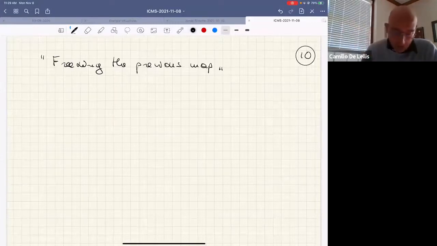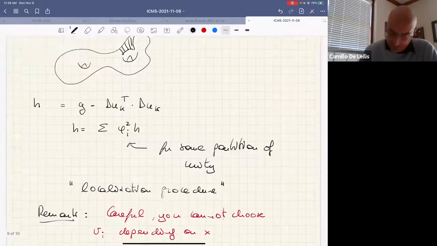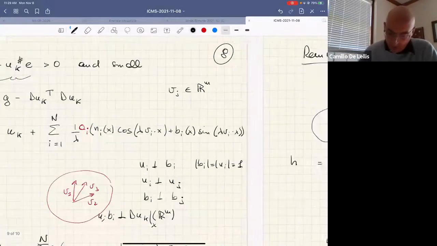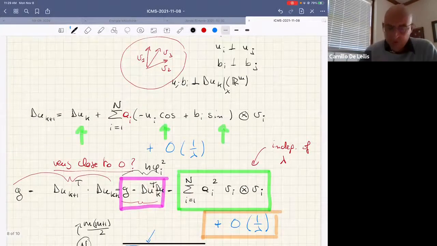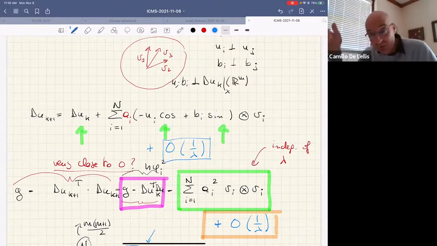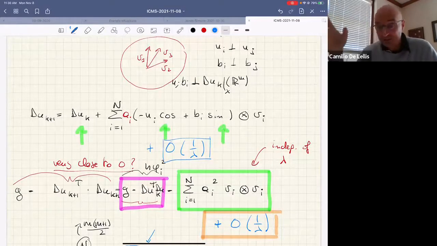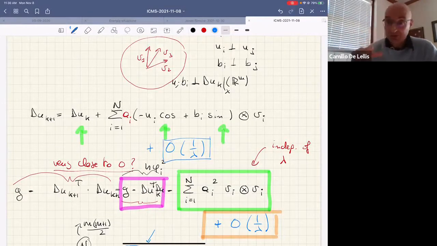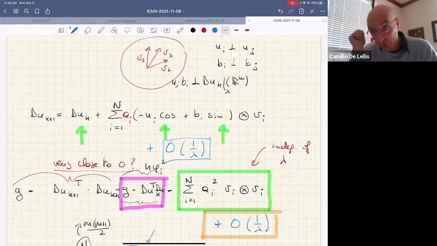In particular, you notice that any time I'm writing big O of 1 over lambda, for instance in this blue term over here, I'm sweeping under the rug a dependence on the previous iterate, right? Because in this big O of 1 over lambda, there are terms in which I differentiate the normal vector fields Ni and Bi. And if I want to choose normal vector fields Ni and Bi, of course these vector fields will depend on the derivative of the previous iterate, which gives me the tangent space to which I want to be orthogonal.